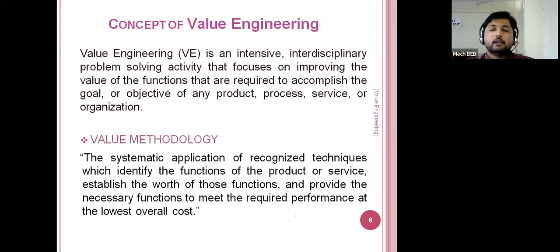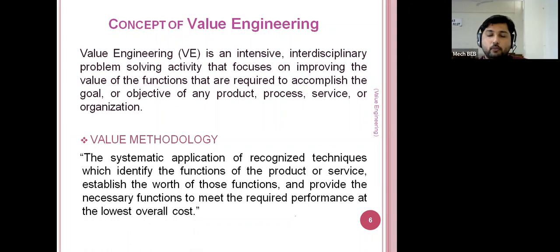Now, the concept of value engineering. Okay, what is meant by value engineering? So it is one kind of interdisciplinary concept. Means what? You should have some knowledge of mechanical engineering also. You should have some knowledge of finance also. You should have some knowledge related to the product consisting of a variety of components. Let us consider your product consists of some electronic components, some software components, or it is having some softwares and some mechanical parts.